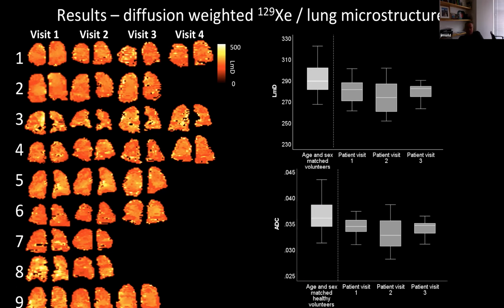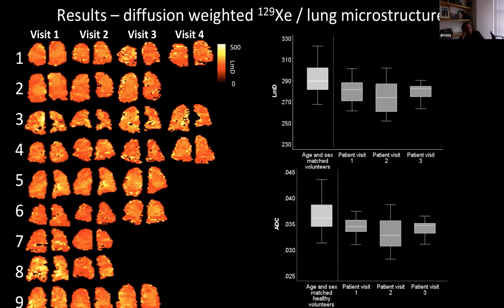We see a trend of slightly reduced mean ADC and mean linear intercept. And we think that may in part be due to the fact that the patients struggle to inflate their lungs, possibly to the same level as healthy volunteers, so possibly partially fully inflated airway size. Another hypothesis is there's some residual pneumonia in the interstitium, creating a slight reduction in the alveolar space, just due to residual water in the lungs.